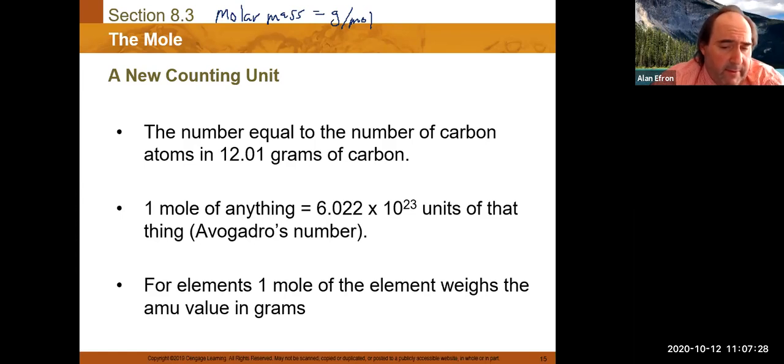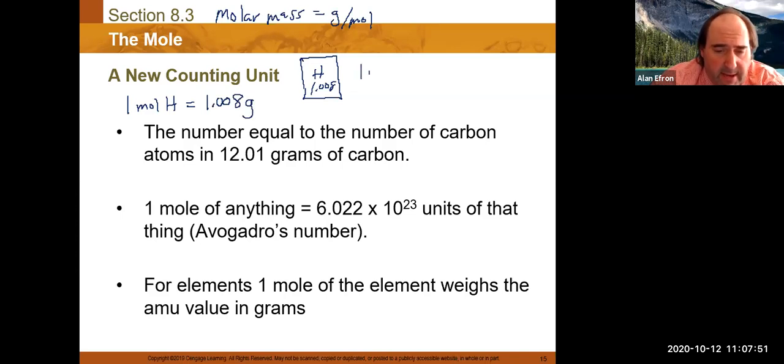So for example, we can go to the periodic table. And again, if we look at that number on the bottom, which we use for the atomic mass, we could also say that in 1 mole of hydrogen, there would be 1.008 grams of hydrogen. So we can use that relationship. Hydrogen's molar mass is 1.008 grams per mole.